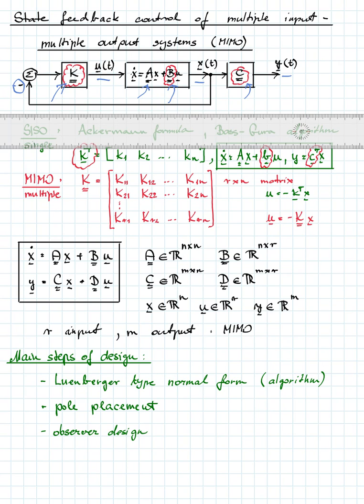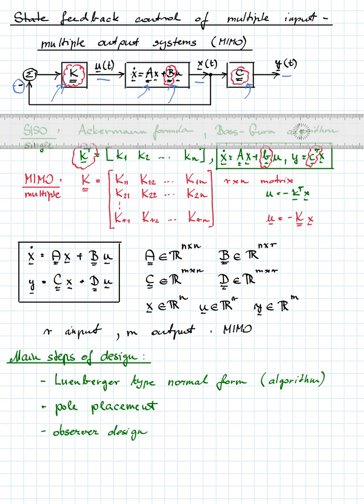There are some others, for example, taking the reference into account, or the integrator, or the observer. These three topics can be performed in the same way as we have studied in SISO systems.